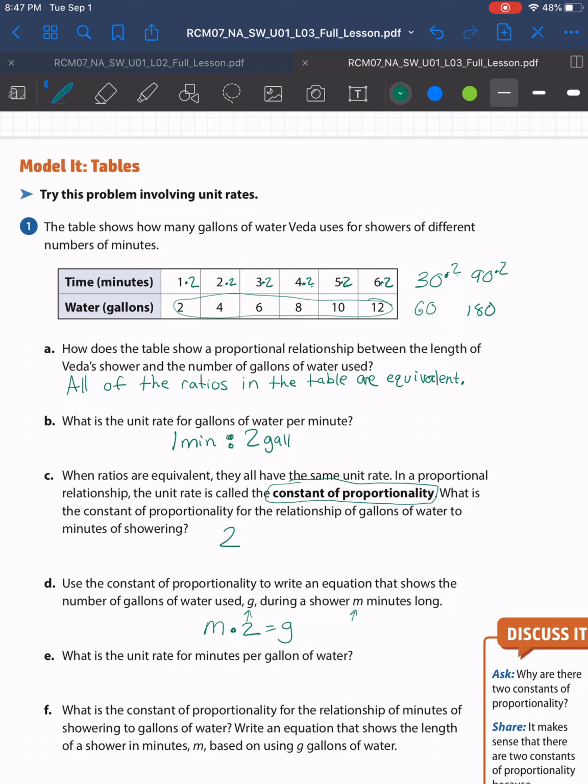What is the unit rate for minutes per gallon of water? Okay, so I want to say minutes per means, per means what? Divide. What is minutes per gallon? Minutes per gallon. 1/2. Per means divide, and fractions mean divide as well. 1/2.